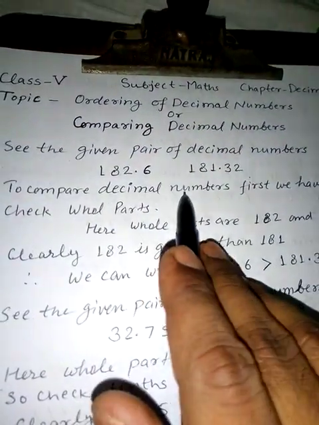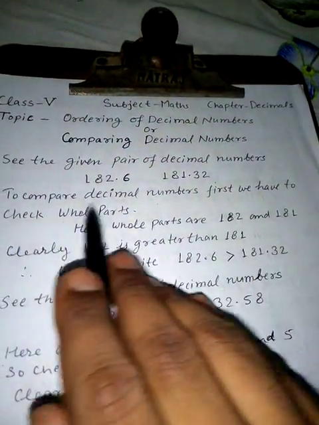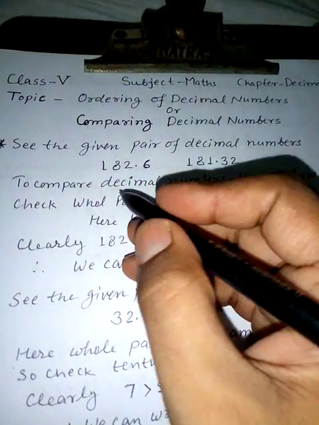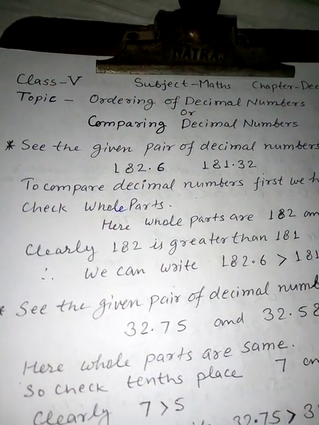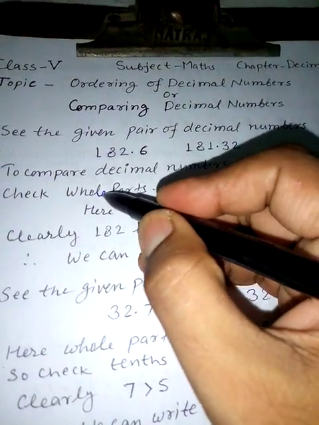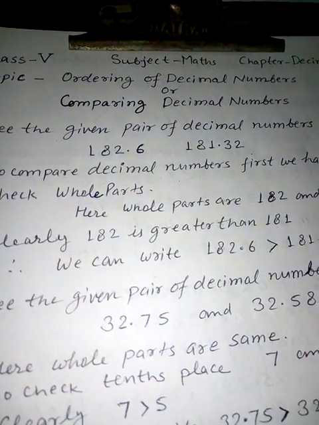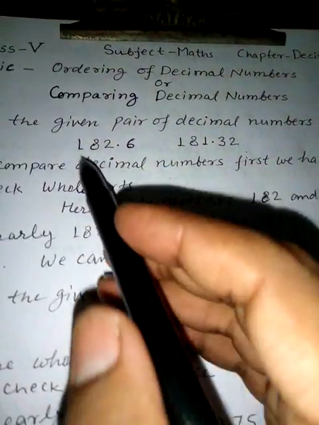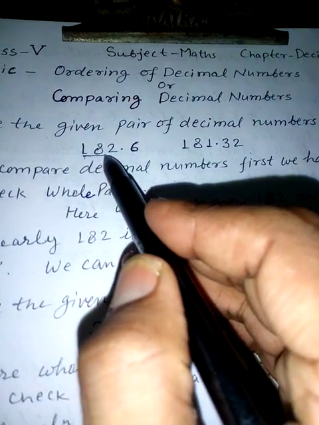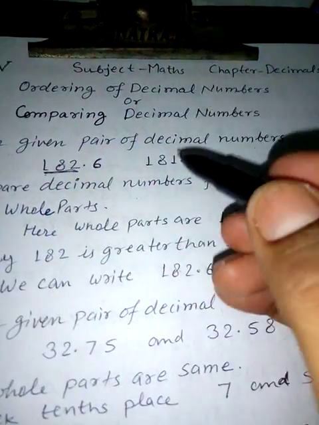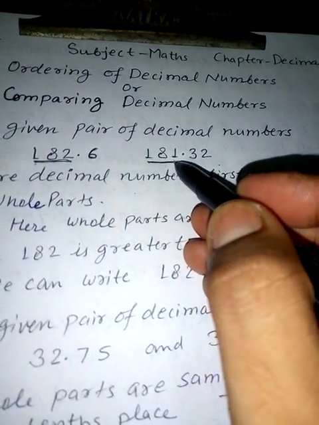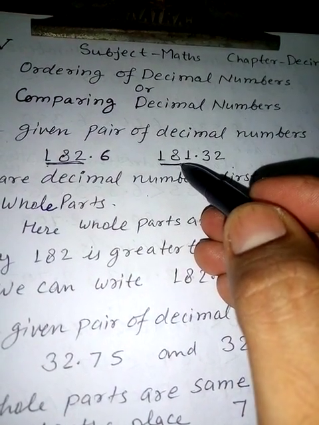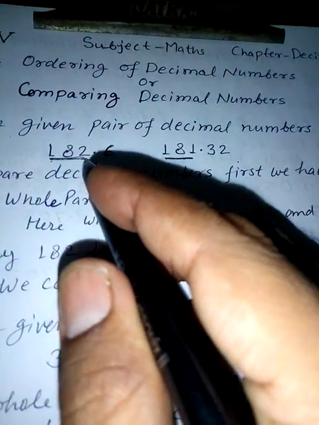You can see these two numbers, 182.6 and 181.32. To compare decimal numbers, first we have to check the whole part. Here the whole parts are 182 and 181. You can see clearly 181 is less than 182.